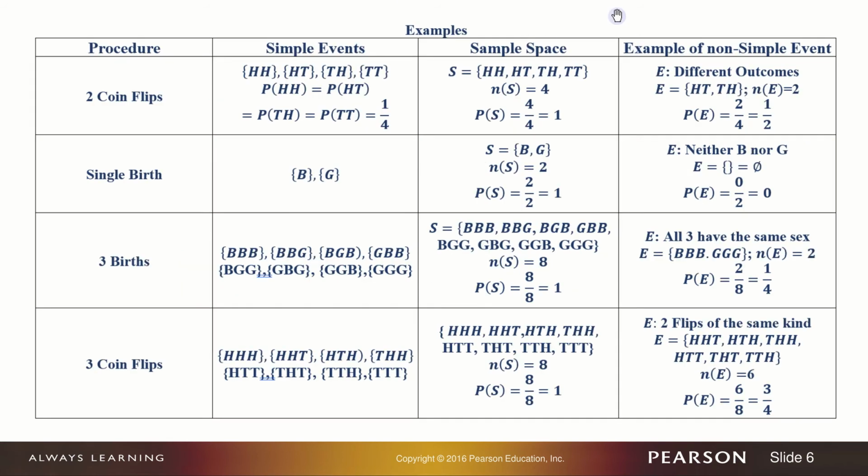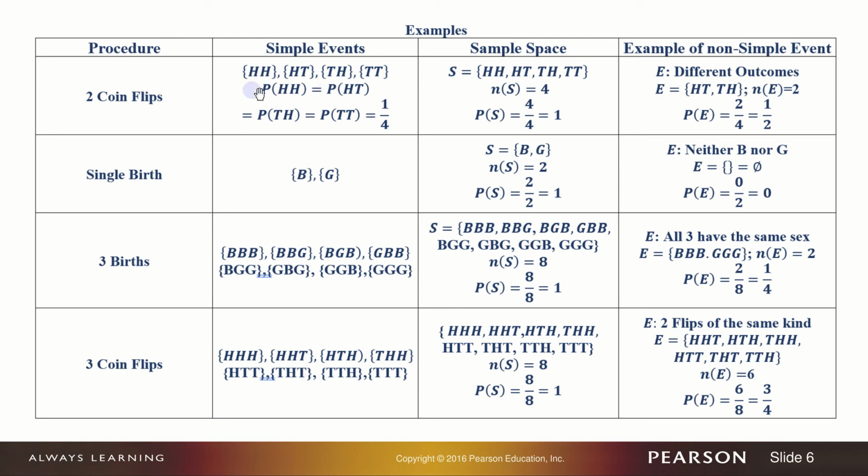Here are some more examples to help us really understand this material. Let's consider the procedure involving two coin flips. Remember, the simple events here are not just heads, tails, etc. You have to consider what happens on one flip and then on the second flip.